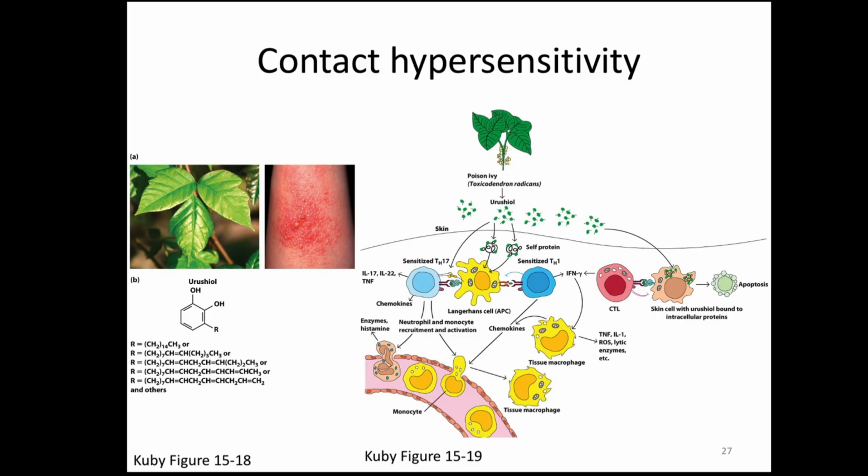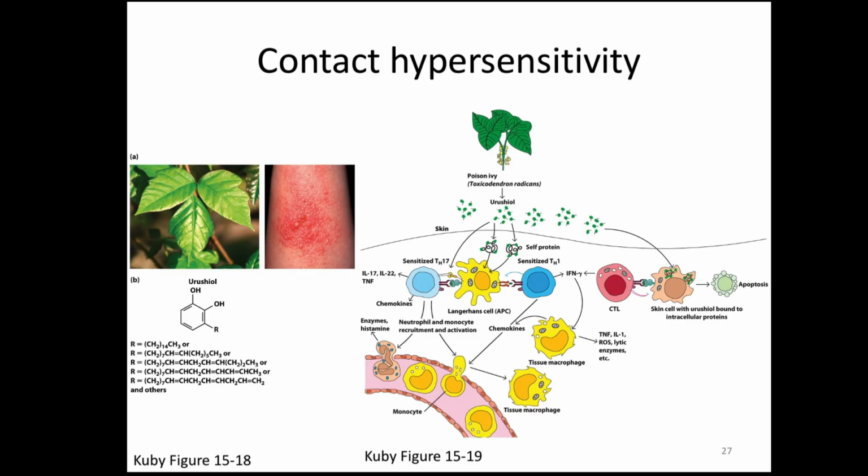Here's the compound. When you actually have that compound get into your skin, it reacts with a self-protein and modifies a self-protein. So now you have a new antigen in your body. And this new antigen induces a Th1 response. So if you ever have poison ivy, poison oak again, you get this same kind of modification.